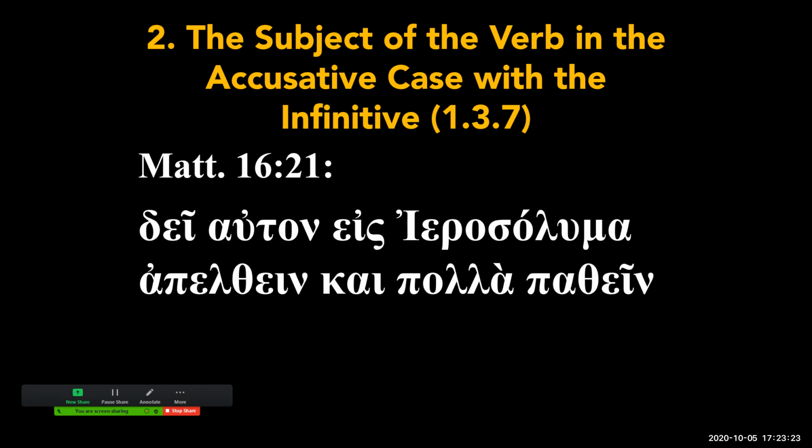But in Greek, the grammatical form that follows has the noun that is the subject in the accusative case, auton, he. It is not him. It's not being done to him. He is going. And notice the accusative of subject with the infinitive form.